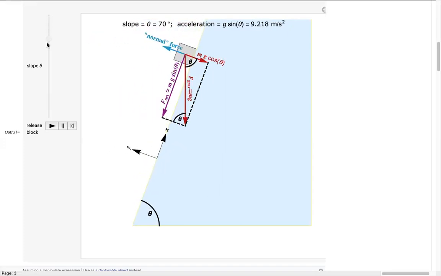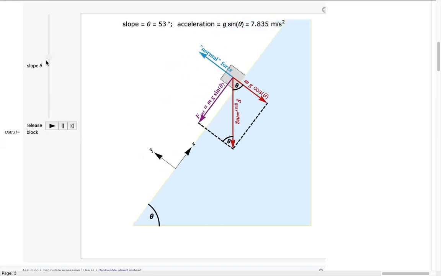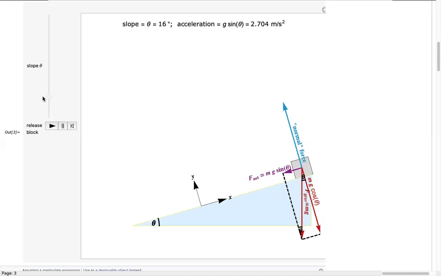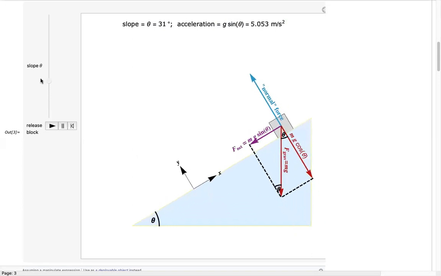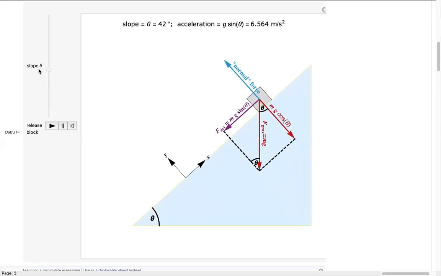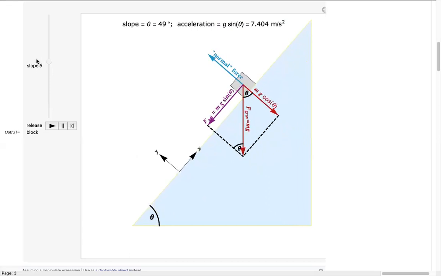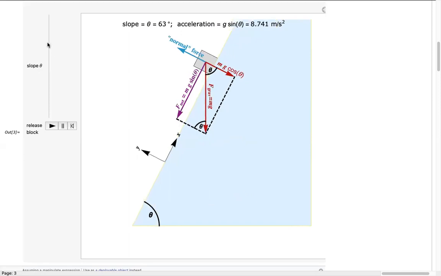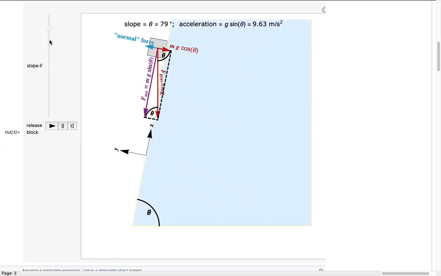Okay, so there's a dynamic way of showing how these angles increase and decrease. So the normal force is reduced by a cosine theta factor, and here the sliding force increases with a sine theta factor.